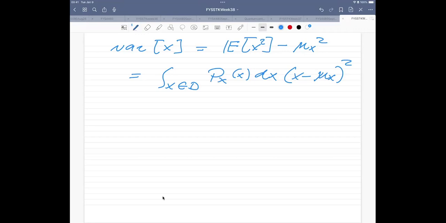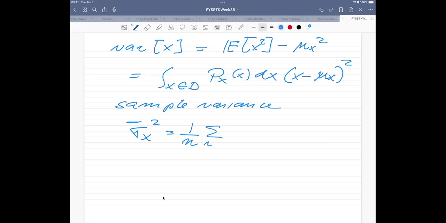Now, there is another quantity which is also useful to look at, and that is obviously the sample variance. The sample variance for this variable x is something which I will define with a bar on top of it, and sometimes I will drop it just for simplicity.